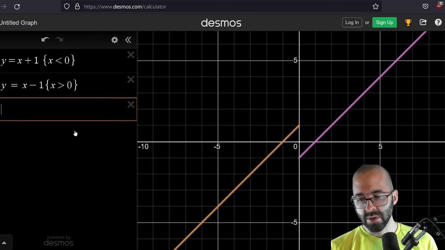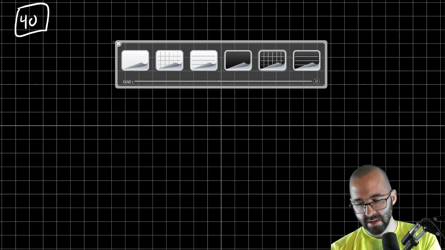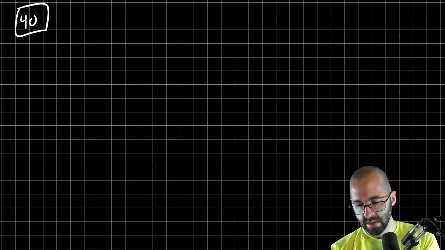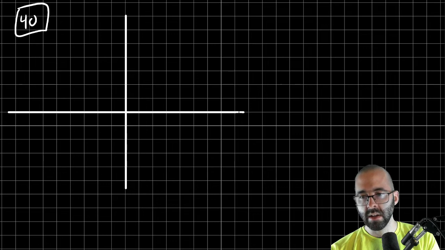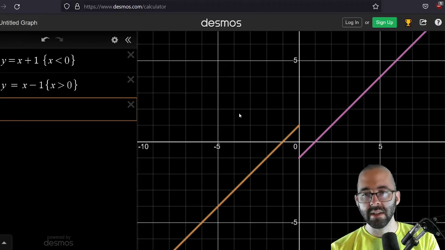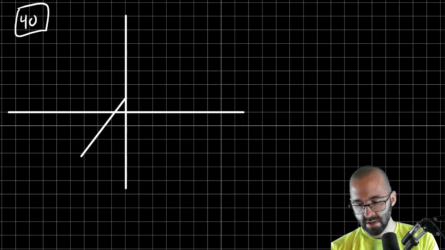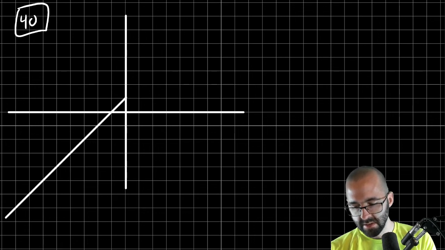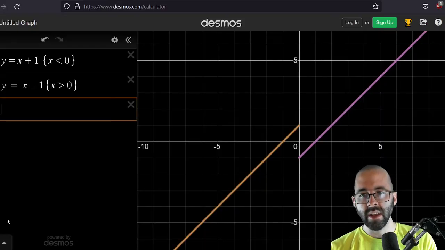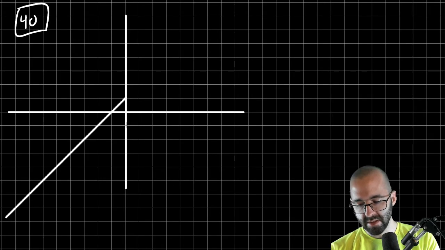We go over to our own piece of paper. And let's get my graph paper back. So for positive x, it's that diagonal line, that orange one, starting like this. And then for the other one, it's the purple line, kind of starting like this.